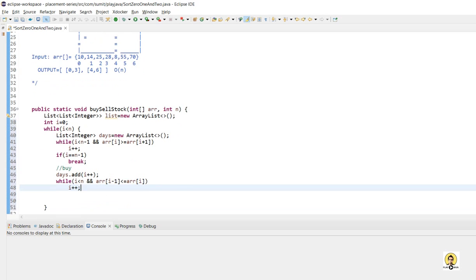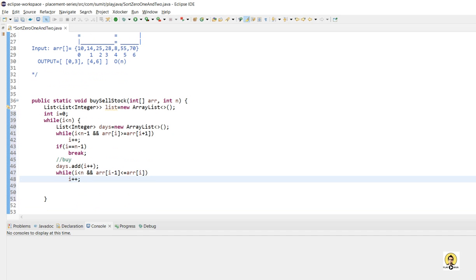Why? If the value is coming as 10 and the next value is 14, you don't need to sell on day 10, just keep incrementing I and it will go to 14, and on 14 also it will check whether 25 is greater than 14 or not.